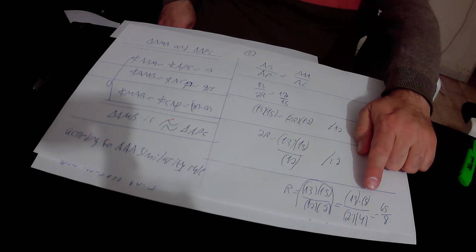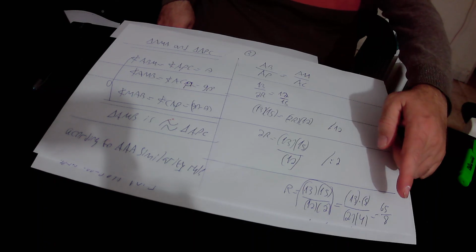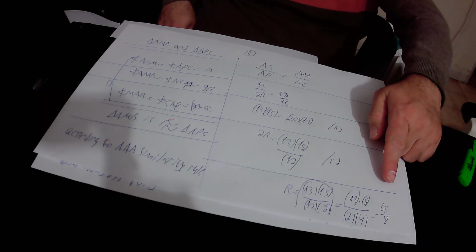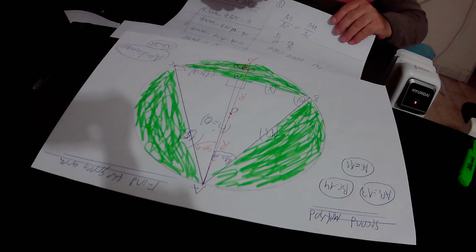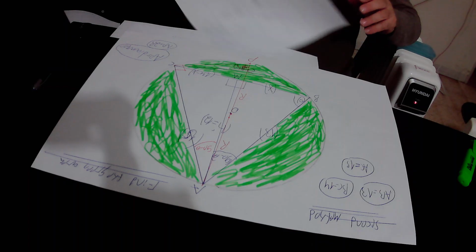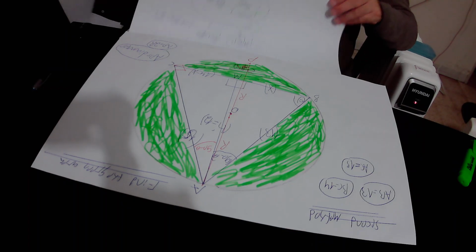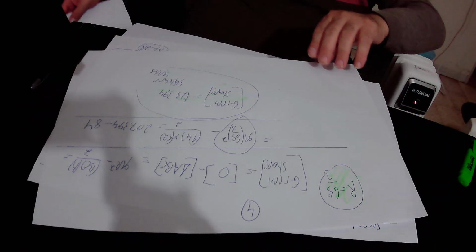So in total, in the denominator we are left with 2 times 4, that is 8, and 13 times 5 is 65. So in total we found that the radius R of this circle equals 65 over 8 units. I repeat again, the radius R of the circle equals 65 over 8 units.